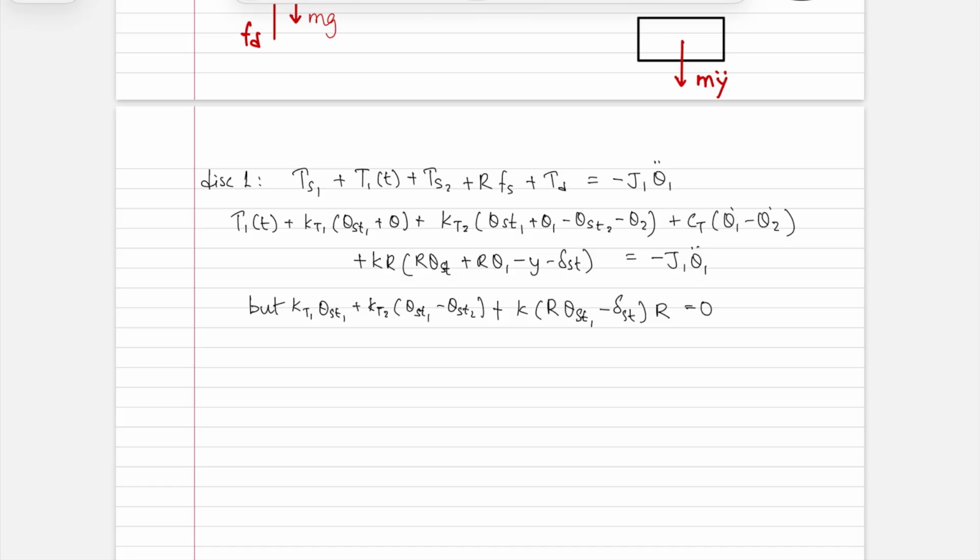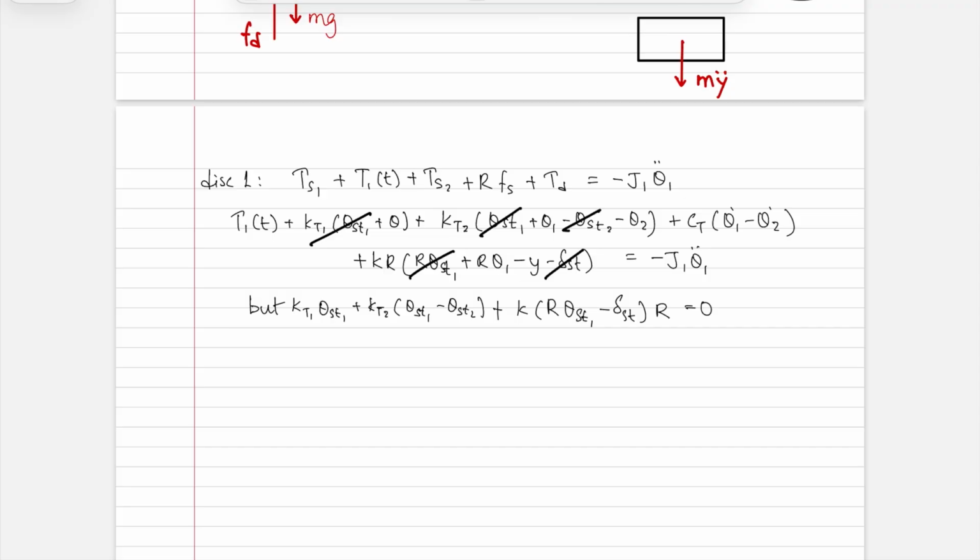So kt1 theta st1, kt2 theta st2 minus theta st2 plus kr r theta st1, well, this is theta st1, I missed that, minus delta st is equal to 0. So I can essentially cancel this out. That's how it cancels out.